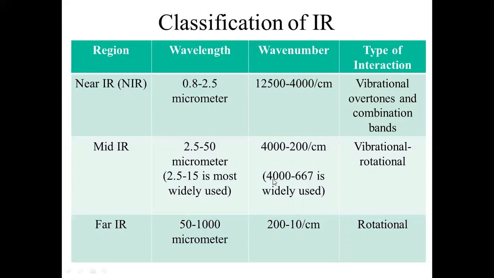So 4,000 to 667 per centimeter is the most widely used region for structural interpretation. While far IR is a still higher wavelength region, and it is not going to cause any vibrational energy change. It is just going to cause the rotational energy change of the molecule.